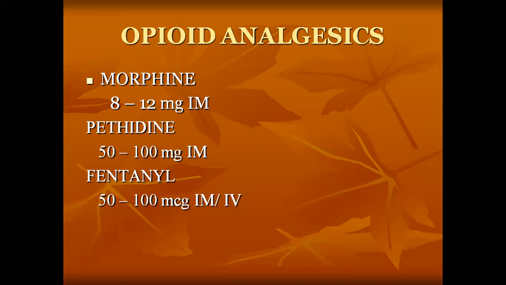Buprenorphine, 300 micrograms intramuscular, are generally employed for their sedative and analgesic properties before major surgery. Buprenorphine has a longer duration of action. These opioid analgesics reduce the amount of general anesthetics required.